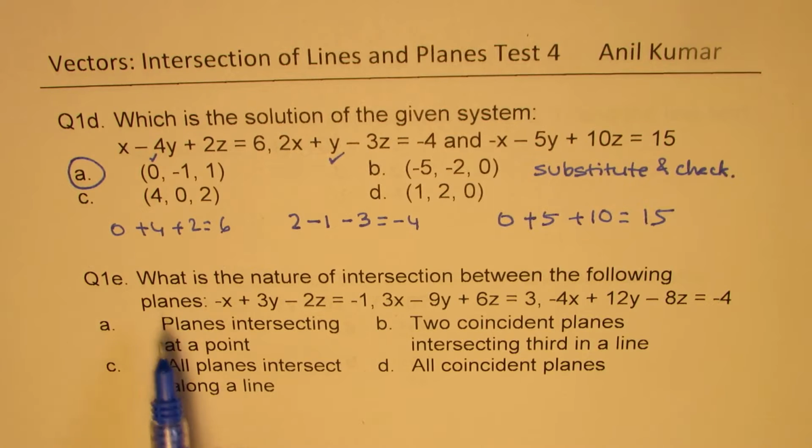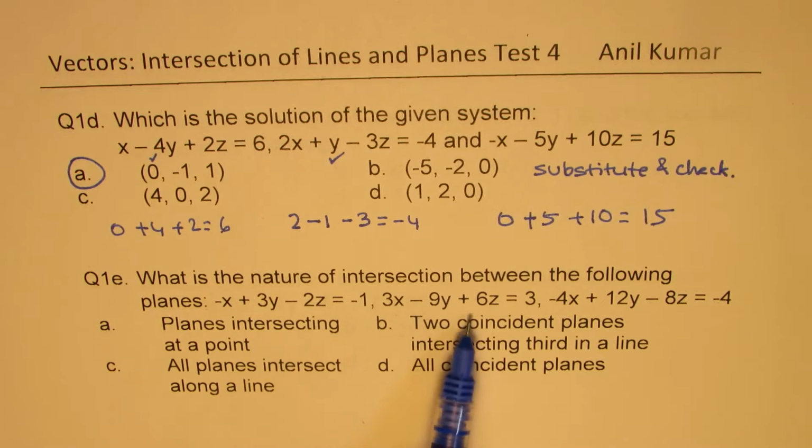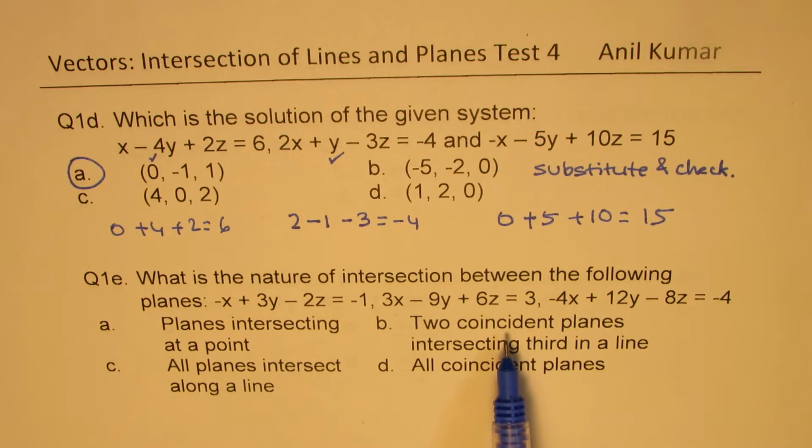E. What is the nature of intersection between the following planes? So we are given 3 different planes, and the options here are planes intersecting at a point, all planes intersect along a line, 2 coincident planes intersecting the third in a line, all coincident planes. Now when we say coincident, that means the normals should be scalar multiples, right?